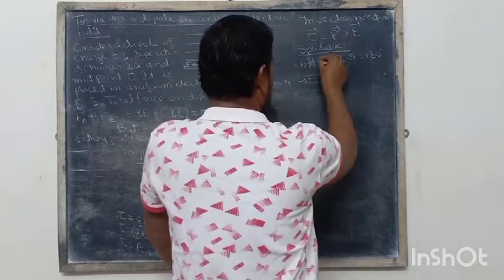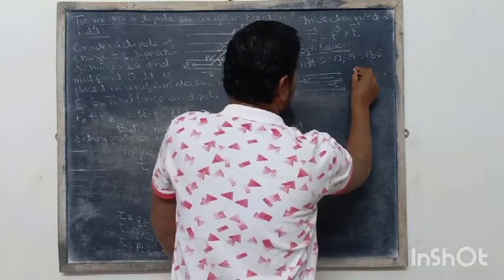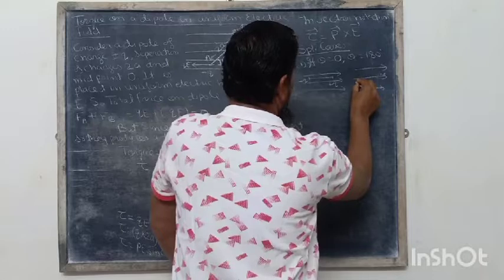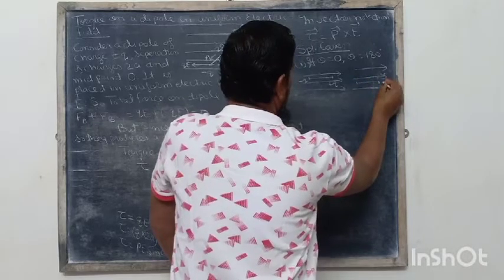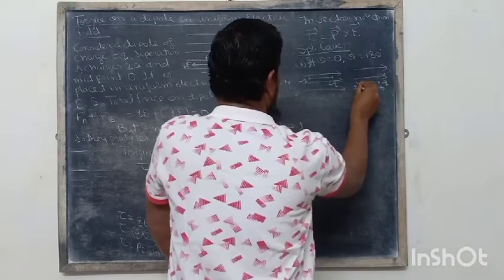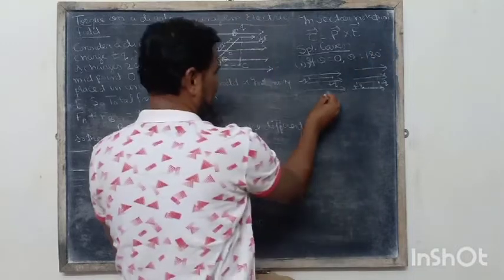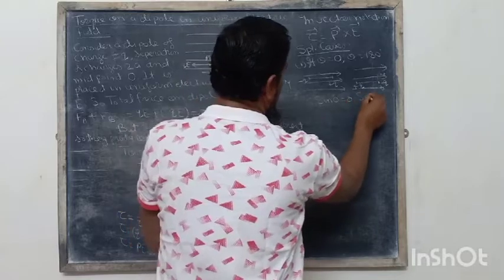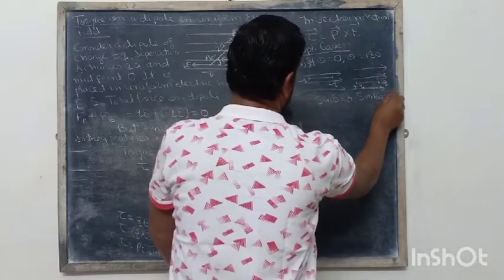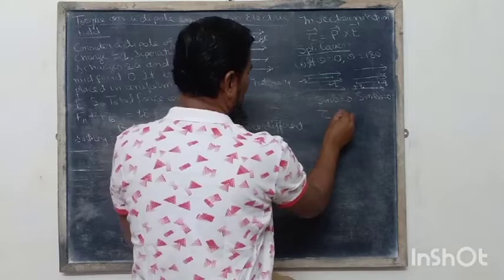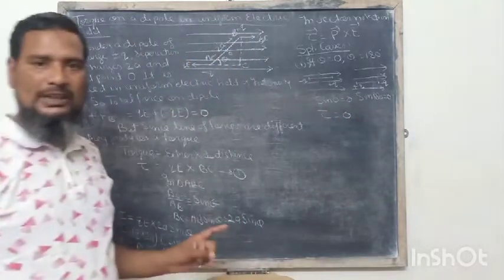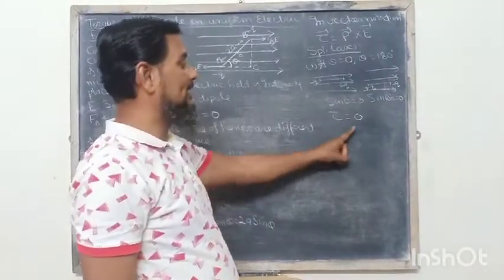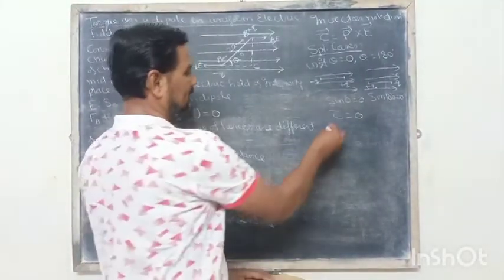This is parallel, meaning theta is equal to 0, and for anti-parallel these are the electric lines of force and the dipole will be along this, minus q and plus q, for theta equal to 180. We know that sin 0 is equal to 0, and sin 180 or sin pi is also 0, so the torque will be 0. If the dipole is parallel or anti-parallel, it will not experience any torque in the electric field.